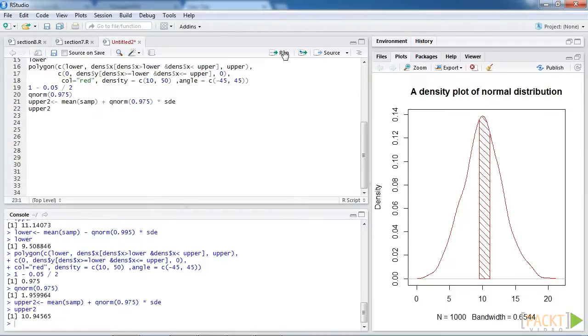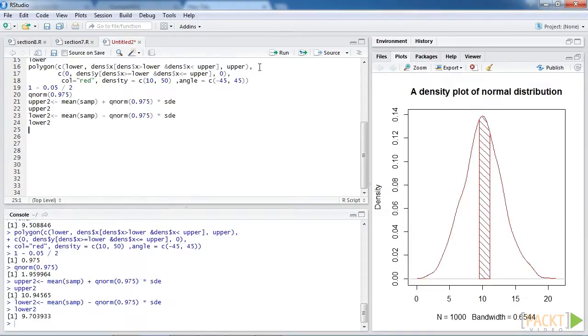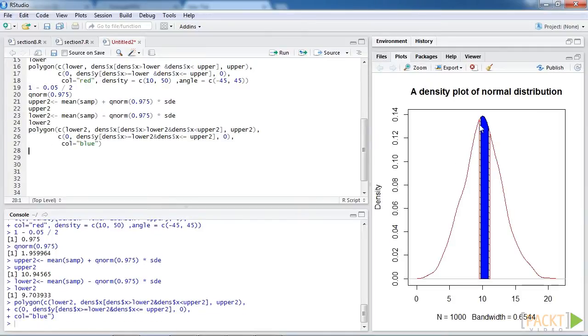For upper 2, here's the range, 10.94565, and lower, 9.703933. We can then color the 95% confidence interval in blue using the polygon function. Here we have colored it blue.